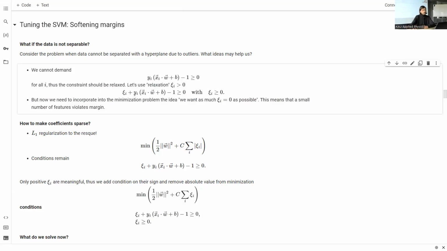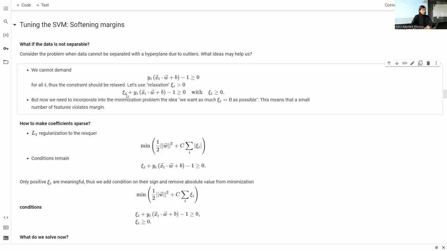But of course, that introduces a new problem. If I just add these parameters and I allow points to travel across the line, what will happen? Bad classification. Of course, I can't even train this. Basically, I have destroyed my conditions. It's a really bad situation if I'm just adding these things and that's all.